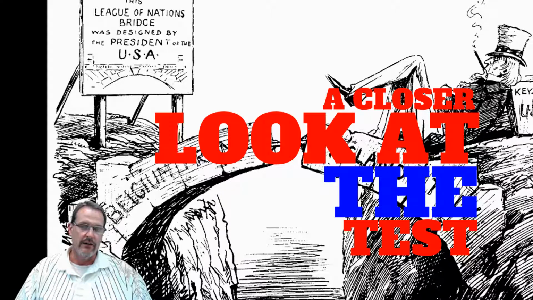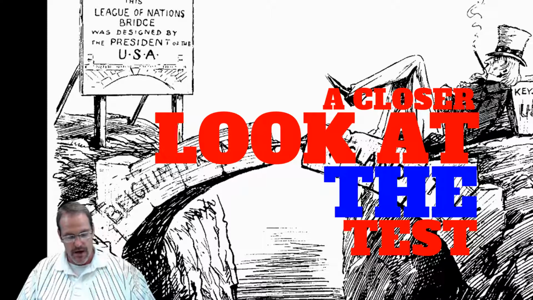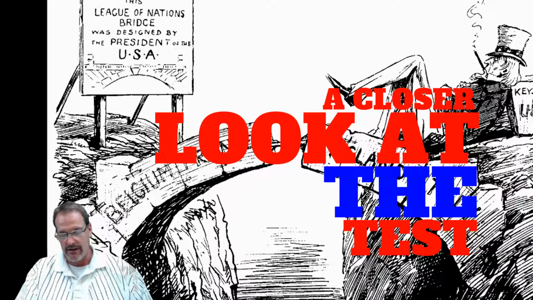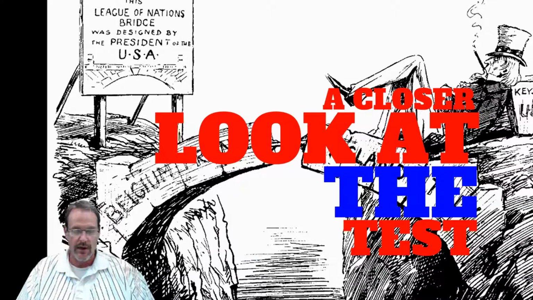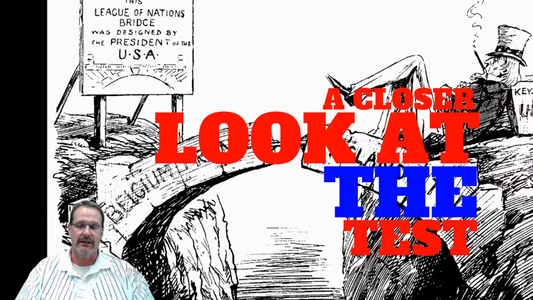Remember, nationalism is extreme pride in one's country. We talked about journalism and propaganda. Yellow journalism gets America into the Spanish-American War. Propaganda is how Americans are pulled into World War I, vilifying Germany, being kind of like a giant brute.